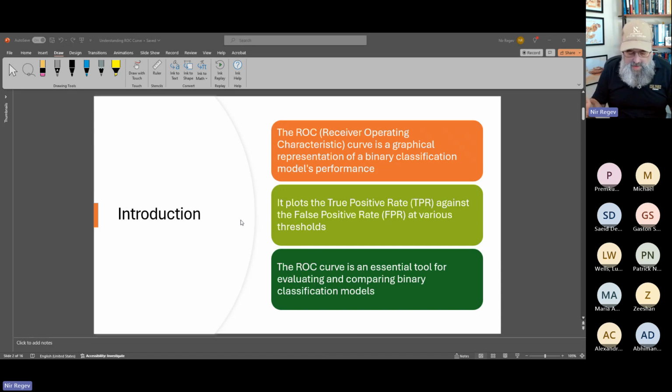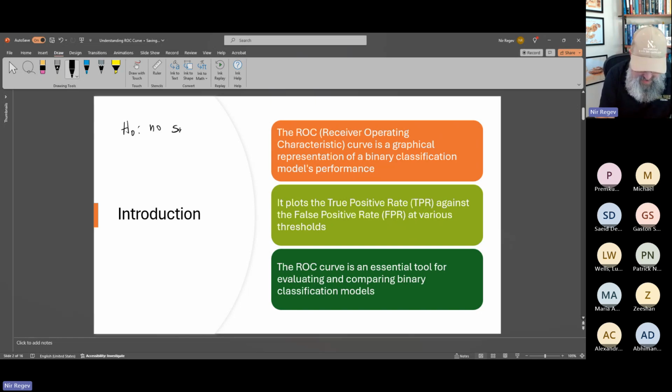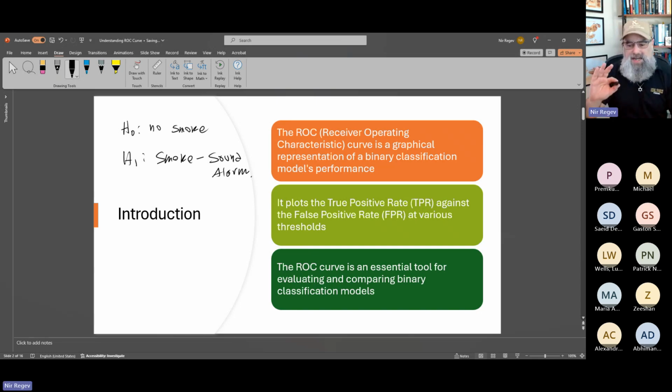Most of the time, the null hypothesis is no smoke present. And the alternative hypothesis, H sub 1, is there is smoke, sound the alarm. So this is the classical example for binary classification, or binary detection, or binary decision making.